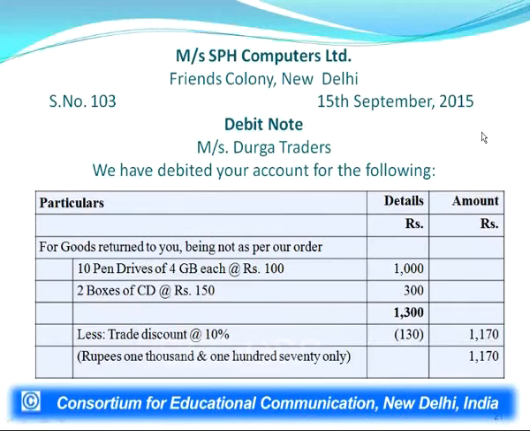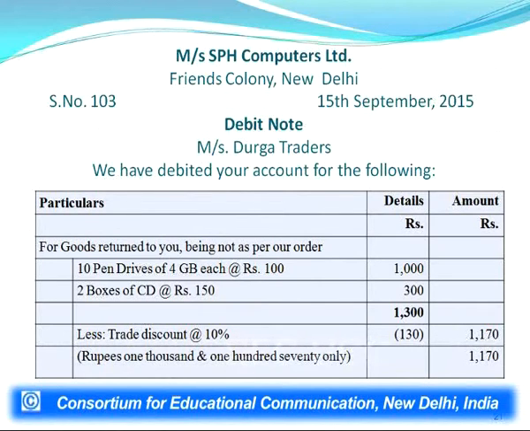This is the sample debit note: name of the firm at the top, Messrs SPH Computers Limited, their address, serial number, and on the right side the date. The debit note has been issued by this company to Messrs Durga Traders, mentioning that we have debited your account for the following.